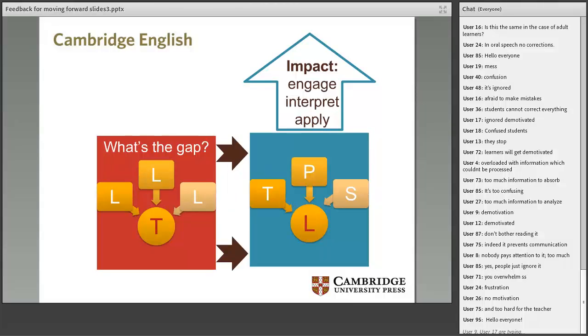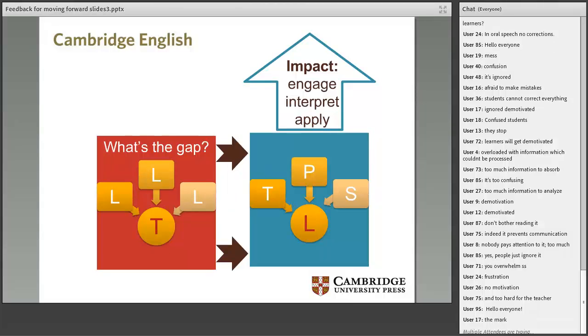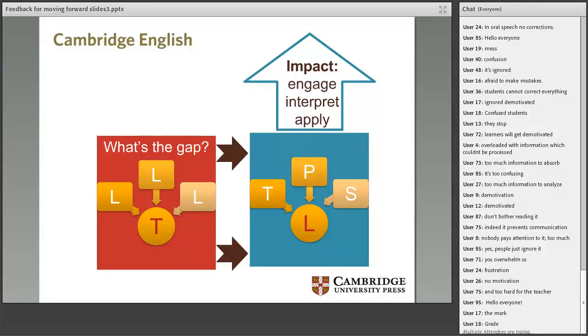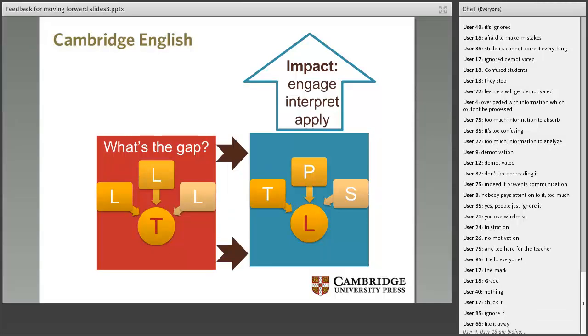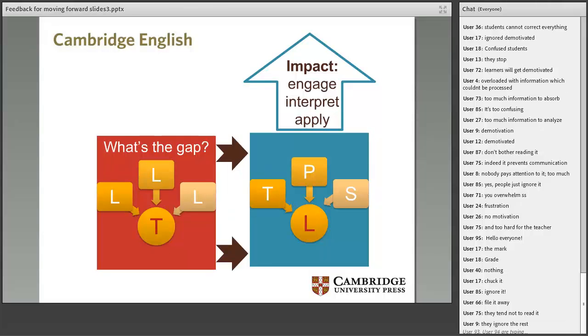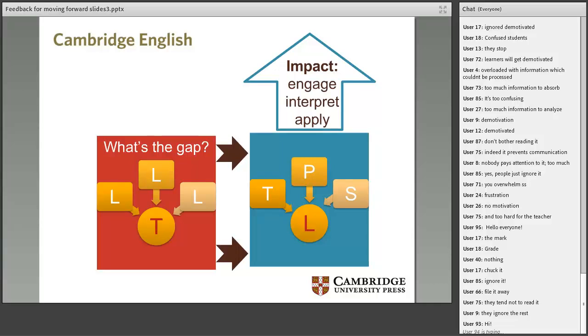They look at the grade, and what do they do with the rest? Well, we'd like to think that they then look carefully at all our comments, but very often, as Daniela says, they file it away. Okay, and they don't really look. So all the work that we do, you're all saying the same thing. Yeah, they do tend to ignore that.